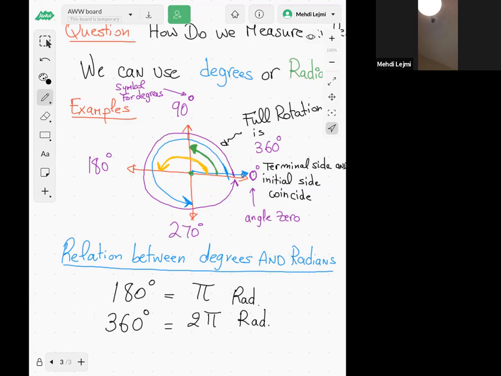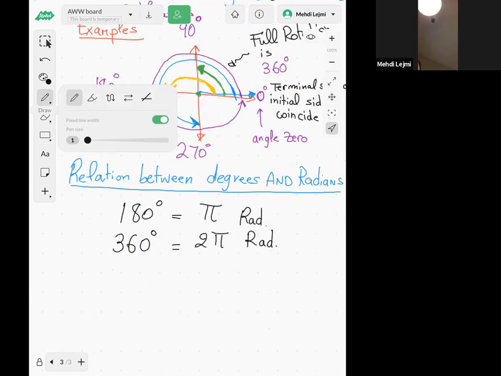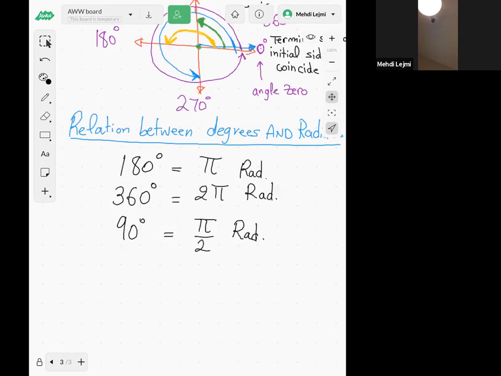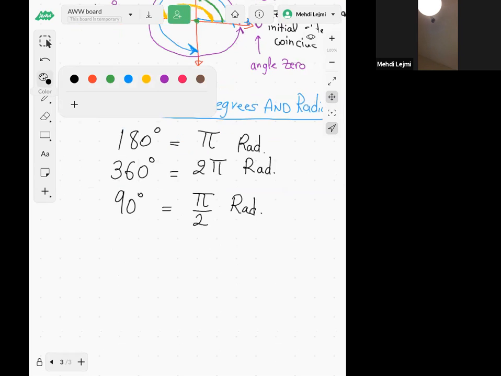Of course, 90 degrees is half of 180, so that's half of pi, which is pi over 2 radians. Etc. So how do we convert degrees to radians?